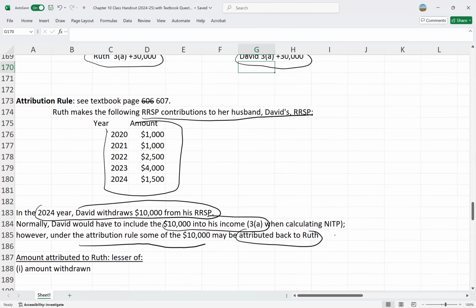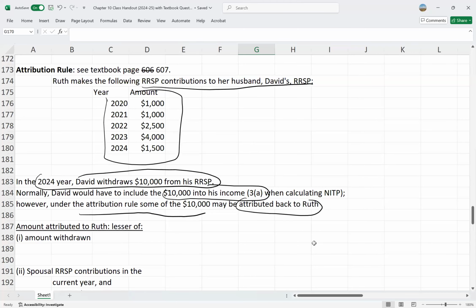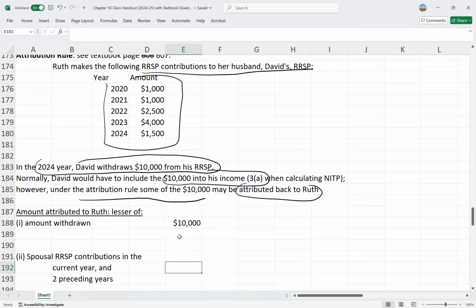And so what does the rule say? The amount that will be attributed back to Ruth will be the lesser of the amount that was withdrawn, 10,000, and the spousal RSP contributions that were made in the current year and the preceding 2 years. So this is 2024.